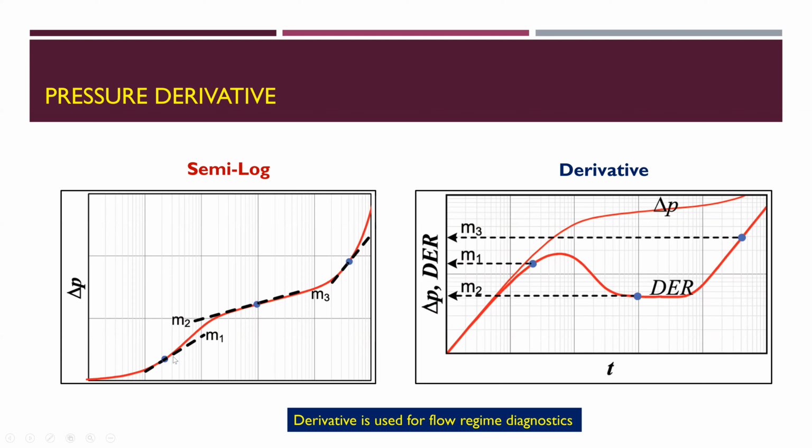So if the semilog is already composed of three major areas, M1 for the early time, M2 for the middle time, and M3 for the late time, the slope at each one of them will be estimated in the form of the derivative, and the final log-log plot will be in the same shape as you see.